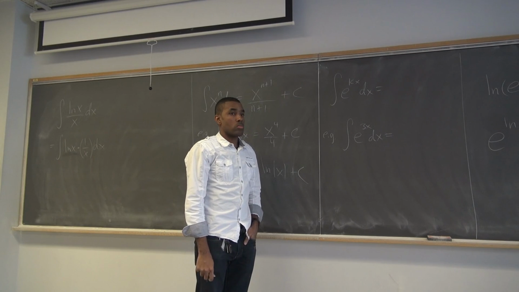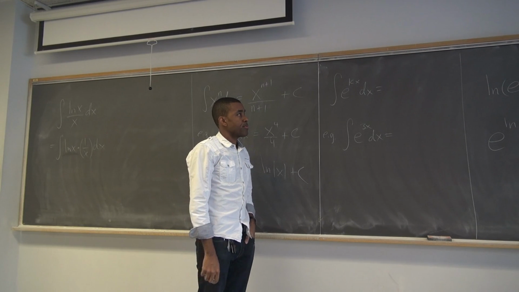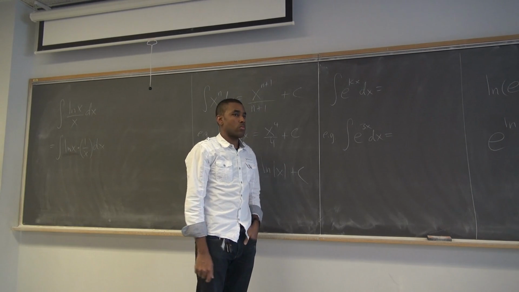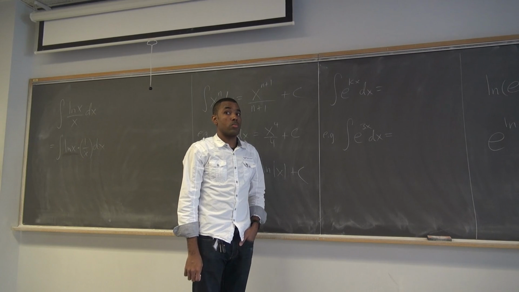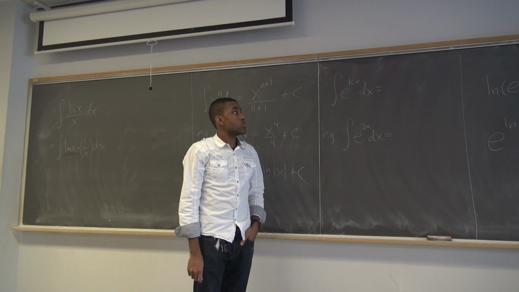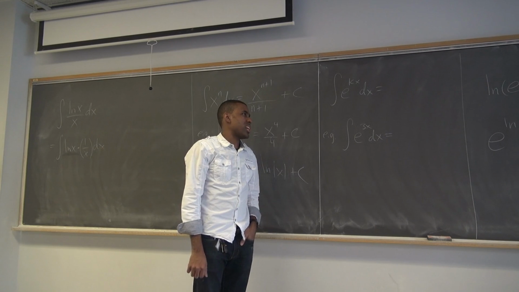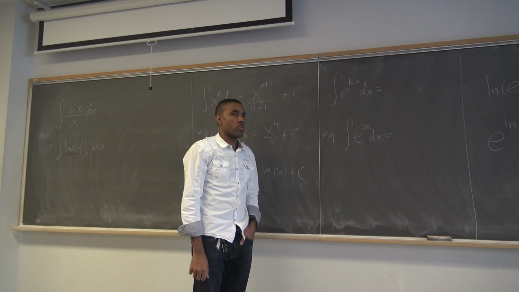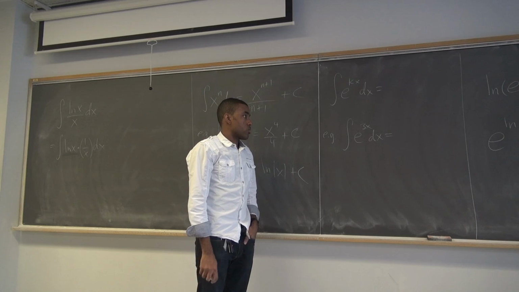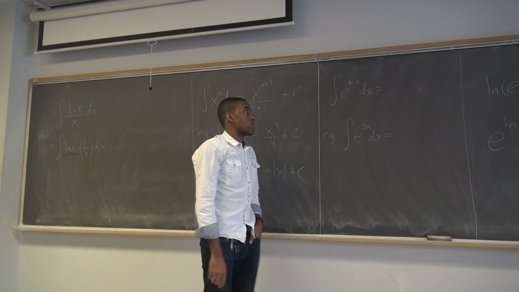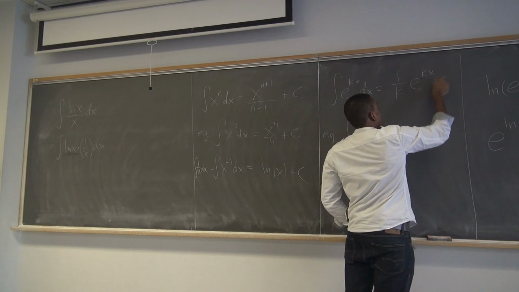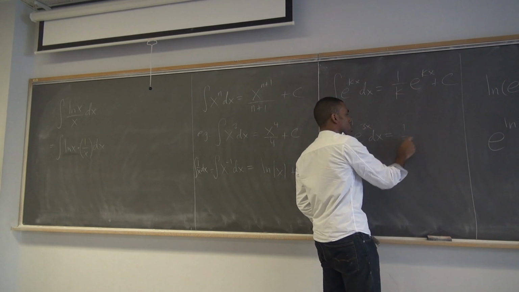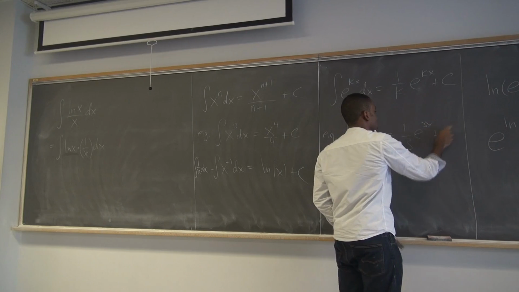No. There's no chain rule for integrals, but there's a different rule for this one. It's 1 over k times e to the kx plus c. So something like this would be a third e to the 3x plus c.